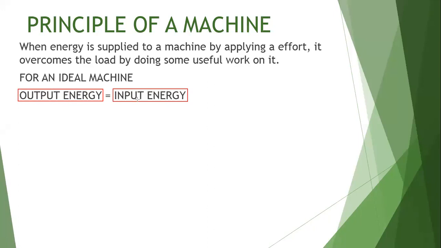Again 200 joule. Means how much is the total energy given? 200 joule. And how much is the useful output energy we are getting? The useful output energy we are getting is also 200 joule. So if we have this combination, then we call such machines an ideal machine. If I have a machine in which the input energy is equal to the output energy, then you can say that machine is an ideal machine.